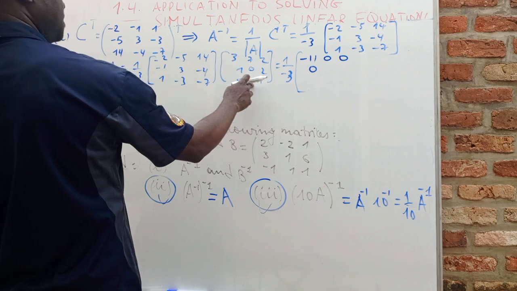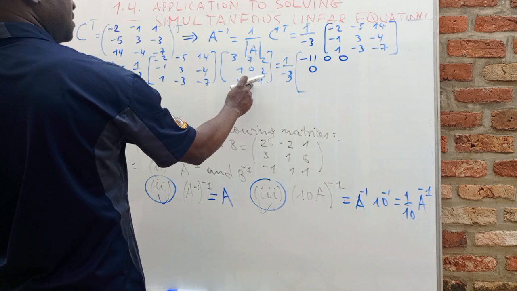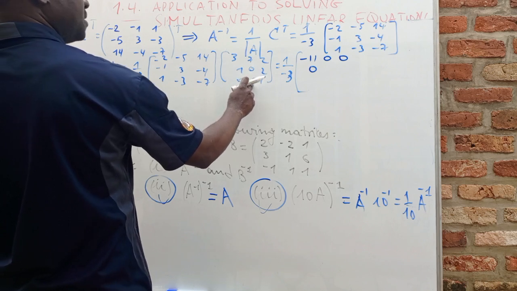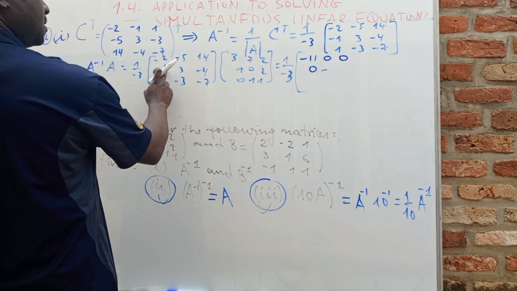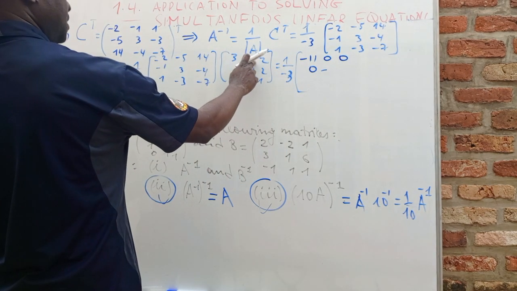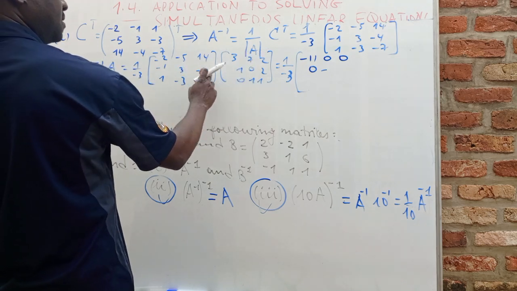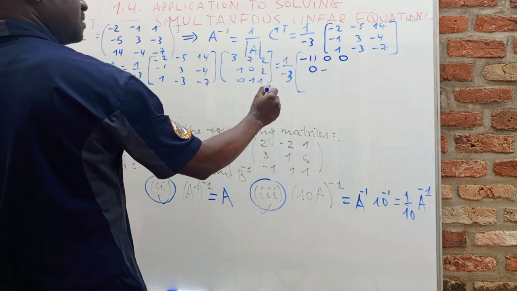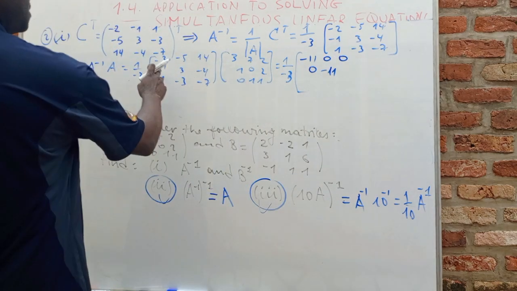So this will bring negative 7 plus 3 is negative 4. Really? Negative 4, negative 7. Now 0 and negative 4. So this is negative 11. Okay, very good.